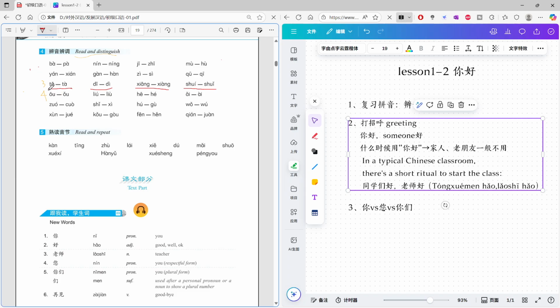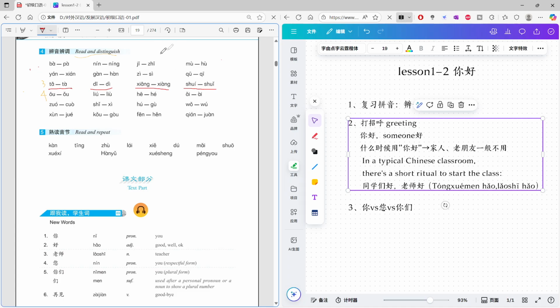First one is the first tone, and the second one is fourth tone, right? So if you cannot catch the tones in this moment, I recommend you to use your body language. You can move your head or move your fingers when you try to read the tones.